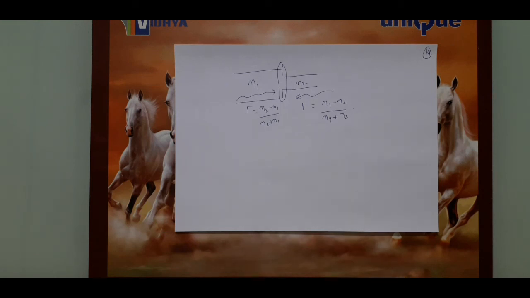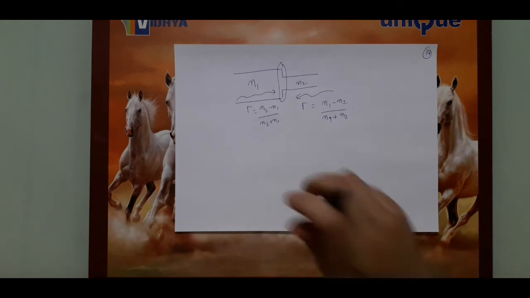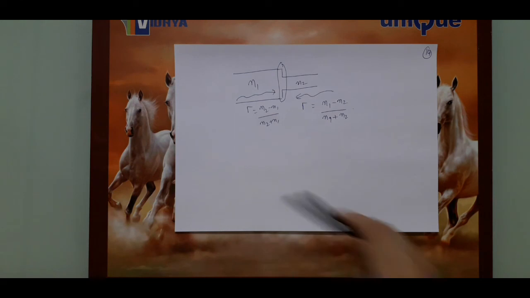We also examined certain cases of polarization of the wave, whether the E field is vertically polarized or whether it is horizontally polarized. That is the case of the perpendicular and the parallel polarization cases respectively. So we shall continue from this point on in the next class.